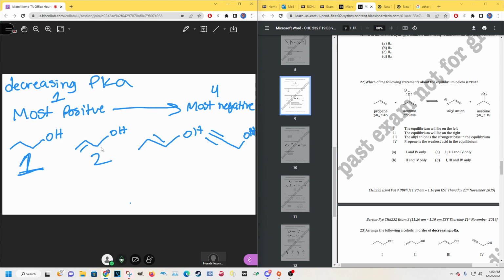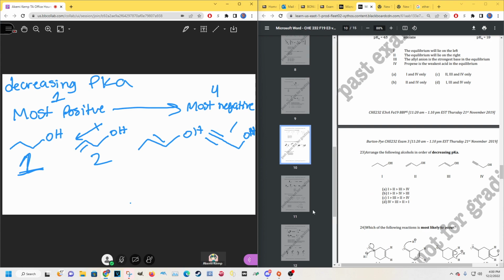Right, near the alkene. So the alkene is pulling electron energy away, but remember, alkynes definitely have much more of an electron energy pull than the double bonds do. So the OH with the double bond would be 2. The OH with the triple bond would be 3.